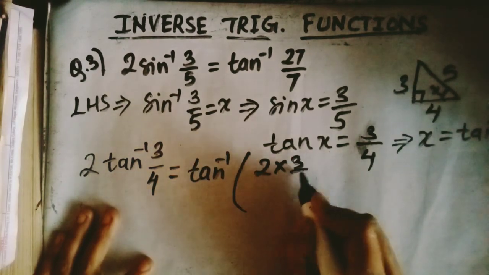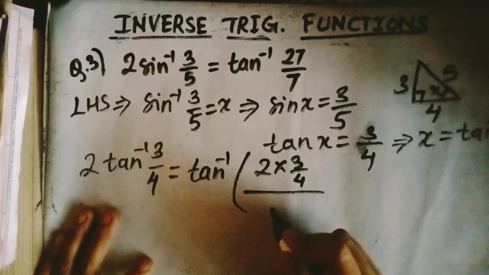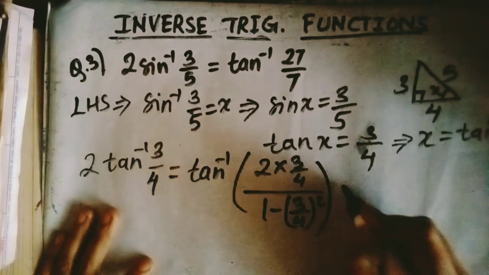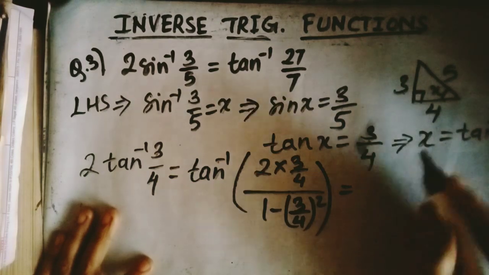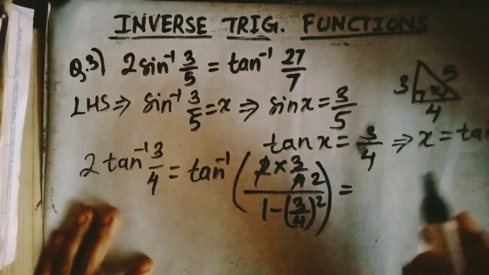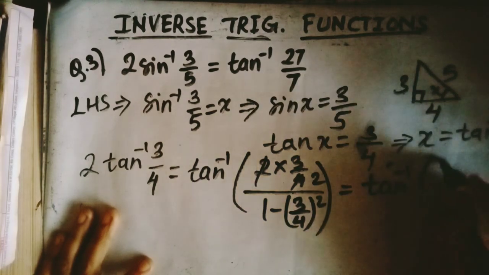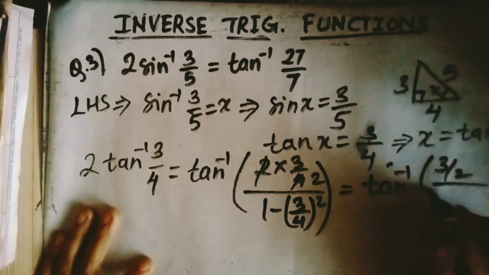So 2 into 3 by 4 upon 1 minus 3 by 4 square. Okay, so you'll get 3 by 2 upon 16 minus 9 over 16.